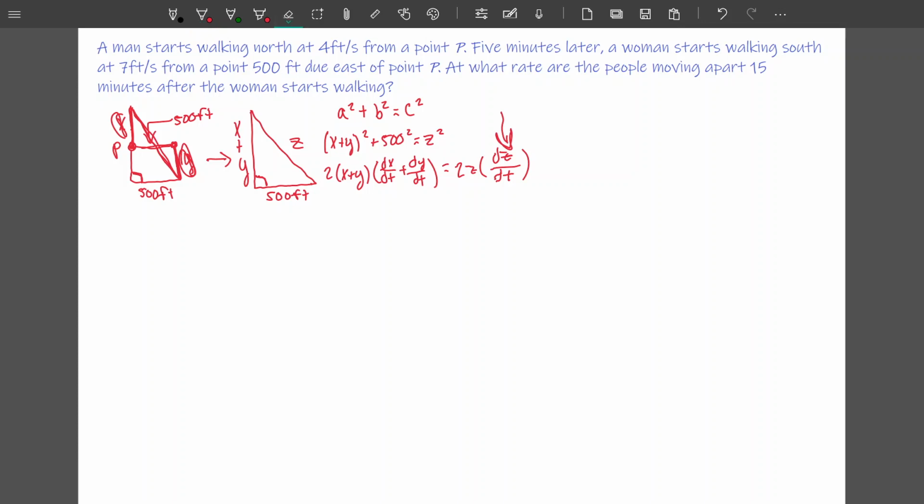So we're going to cancel these 2's out because we can, and we're going to want to get dz/dt by itself, so we're going to divide both sides by z, which in turn will give us (x plus y) over z times (dx over dt plus dy over dt) equals dz over dt.